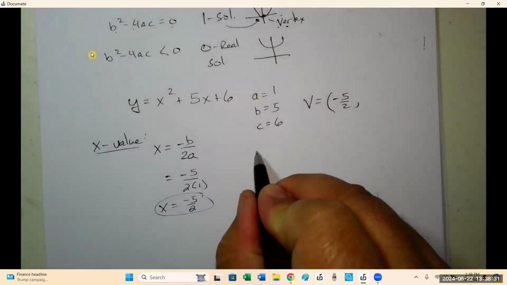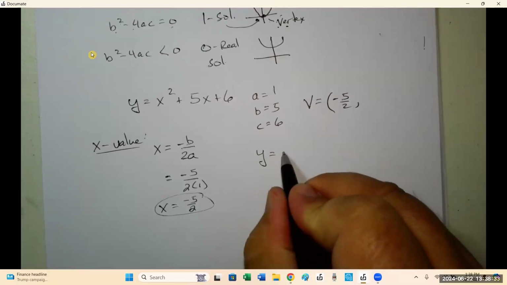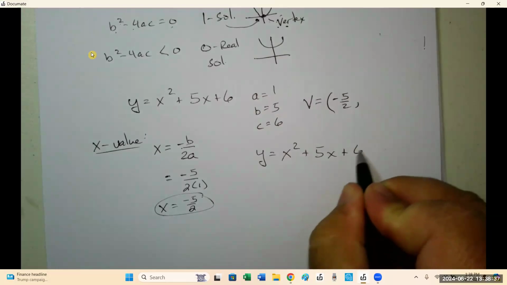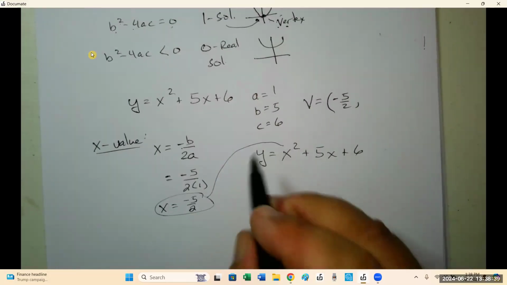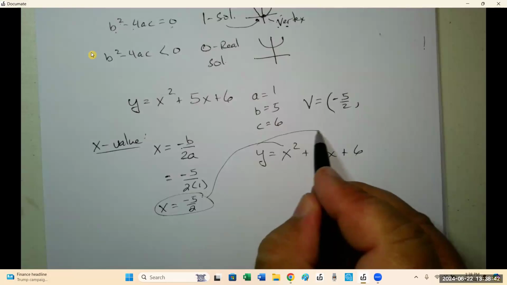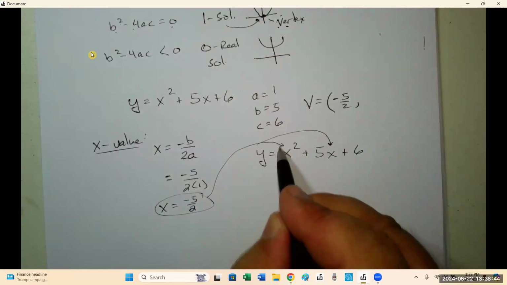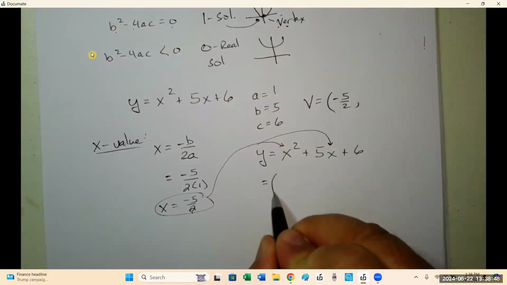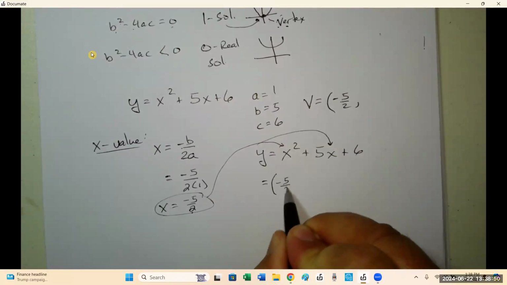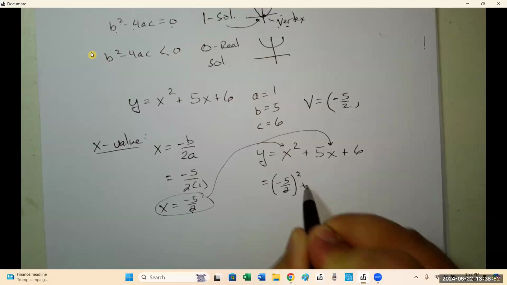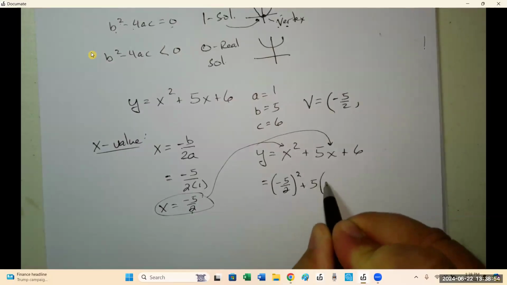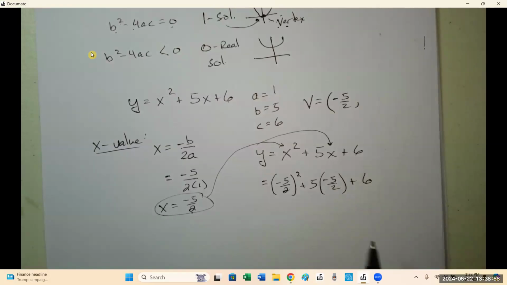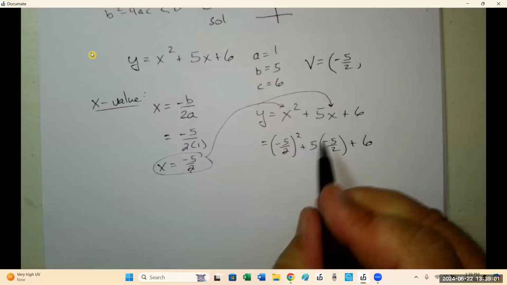Now what we have to do, back to our original equation, anywhere we see an x, we got to put negative 5 over 2. So negative 5 over 2 squared plus 5 times negative 5 over 2, plus 6. These are fractions.